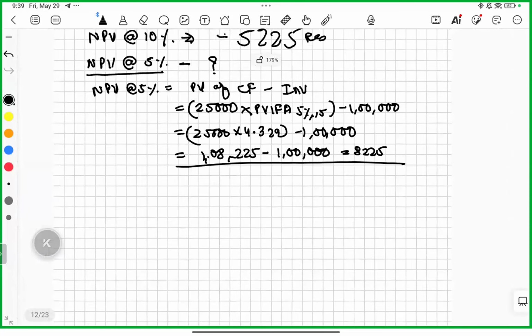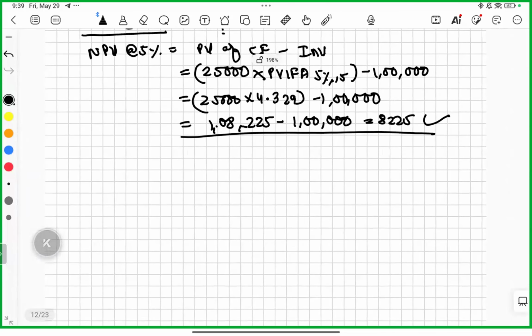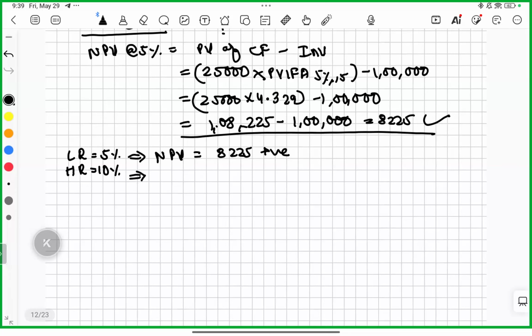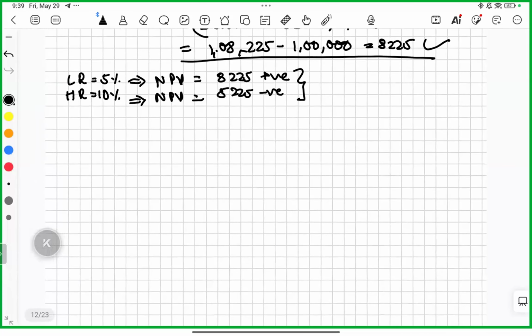Now you have got one negative NPV at 10%, one positive NPV at 5%. So lower rate is 5%, higher rate is 10%. At lower rate, NPV is 8225, that is positive. At higher rate, 10%, your NPV is minus 5225, that is negative. And your IRR is somewhere between these two rates.